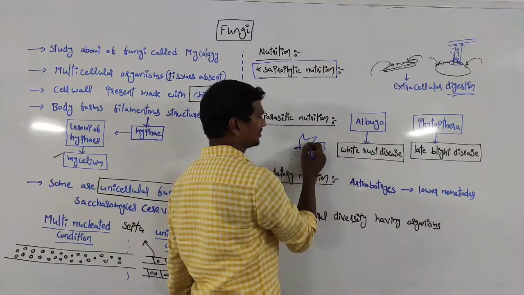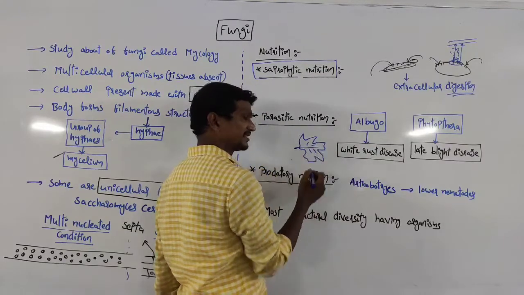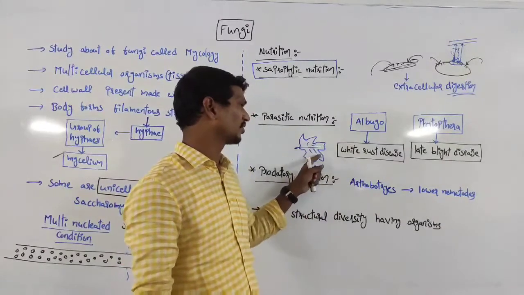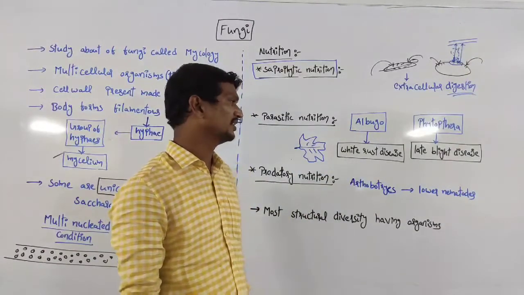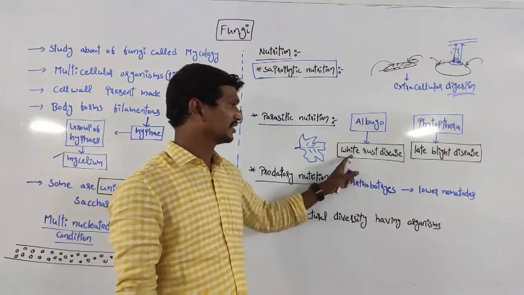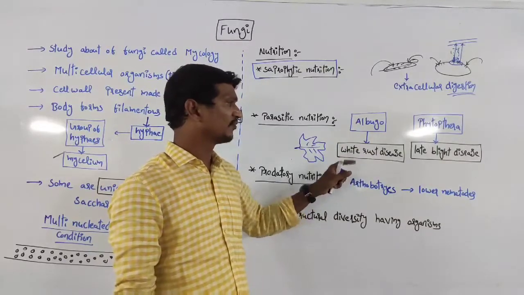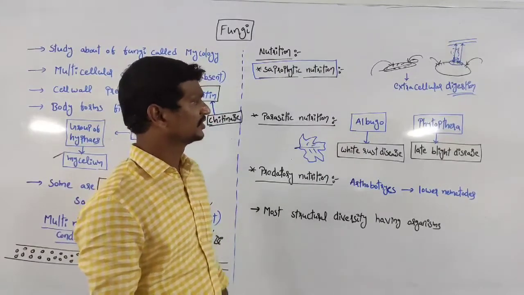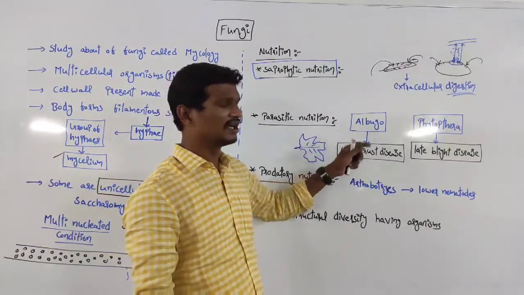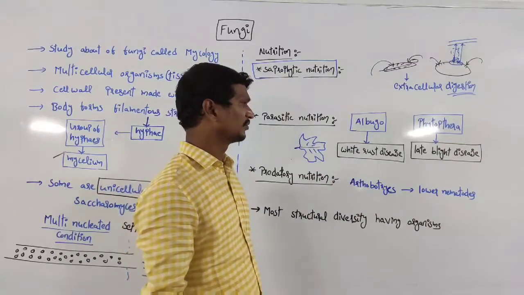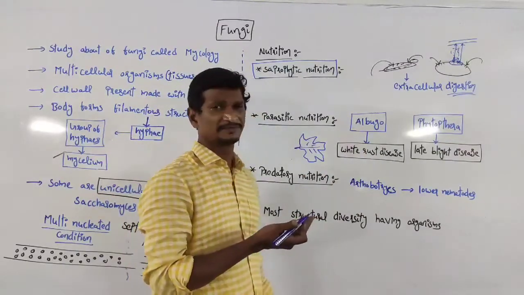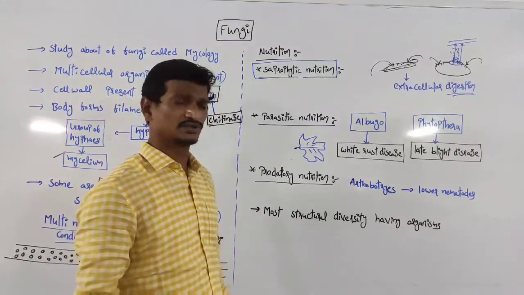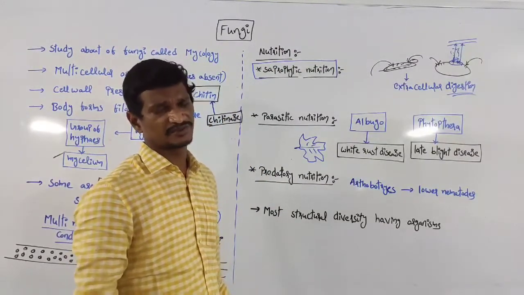Upon the leaves, white patches or white dots are developed. That disease is called white rust disease. So the fungus name is Albugo. Mostly we can see this in wheat plants also. That one is also called wheat rust disease.